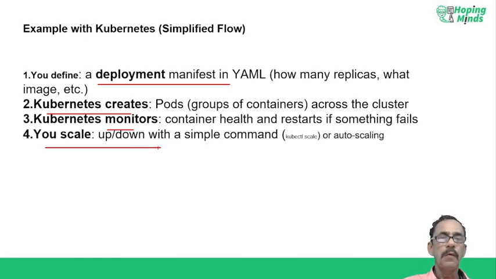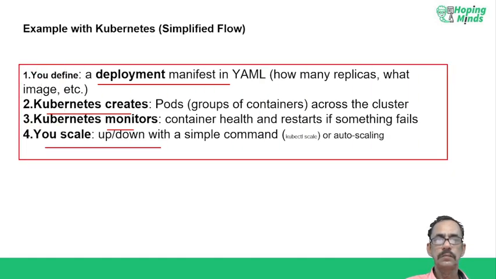But still, what is the total process we follow? Deployment, create, monitor, and scale up and down as per the requirement. That means creating auto scaling there. We discussed auto scaling in virtualization and cloud computing also. So here also we can do it with orchestration in the container case.